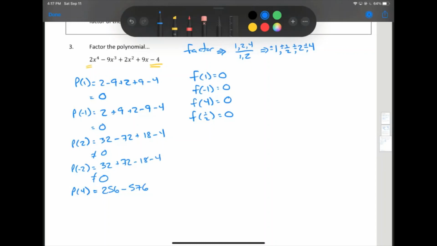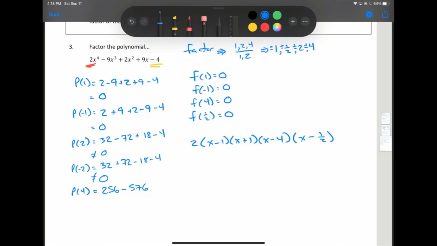Let's just try this. We know that the factors are going to be x minus 1, x plus 1, x minus 4, x minus a half. Now here's the thing, if I multiply all four of those brackets together, I'm going to get out a 1x to the fourth term, but I know from up here that I want it to be 2x to the fourth, so I can put a 2 in front of this.